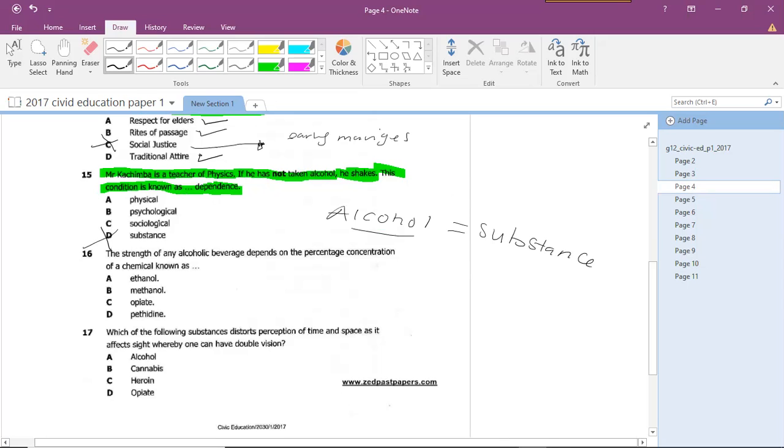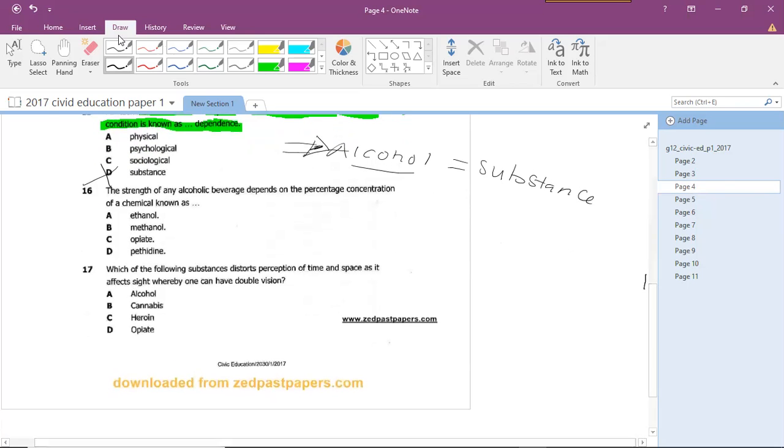It's not sociological, it's not psychological, it's not physical, but you have developed such a dependence on alcohol that you are having these withdrawal symptoms when you are not taking the alcohol. So it's substance dependence.